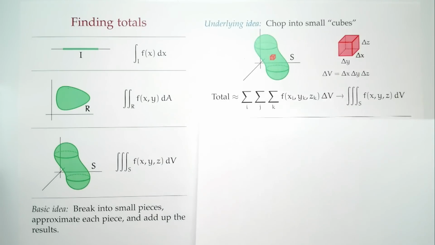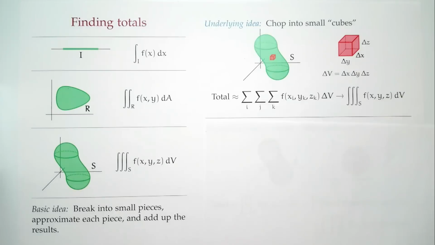So here's our basic underlying idea: we're going to take our solid shape and split it up into little tiny pieces. Because we're in Cartesian coordinates, the way we like to split things up is to look at perturbations of how we identify points. In Cartesian coordinates, we have x, y, and z.